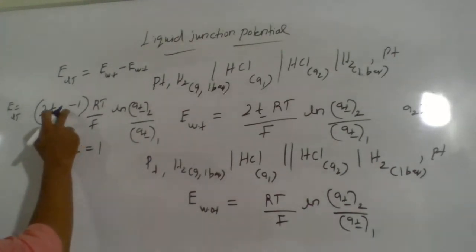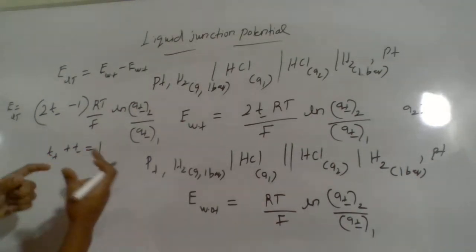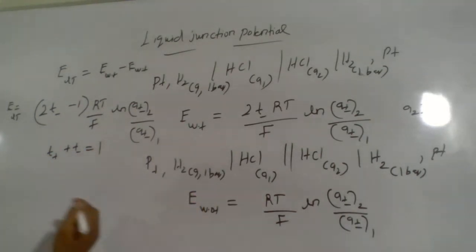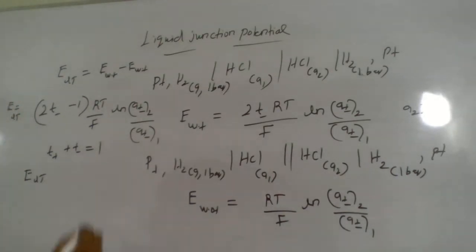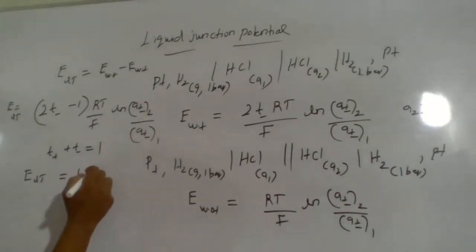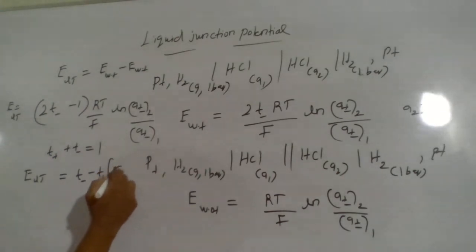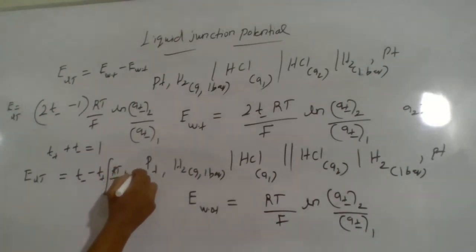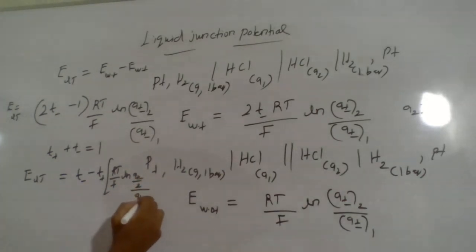If you apply that, 2t minus minus t plus minus t minus will be equal to t minus minus t plus. So E liquid junction is equal to t minus minus t plus times RT by F ln a plus or minus 2 divided by a plus or minus 1.